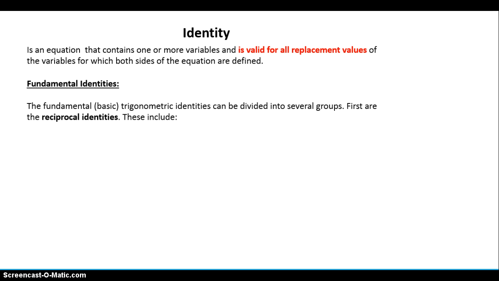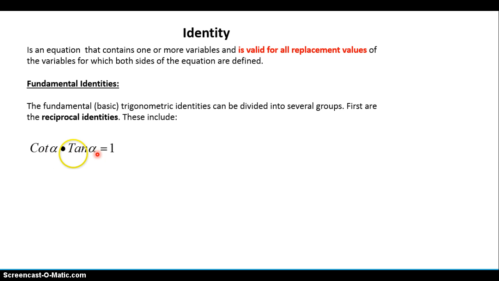The fundamental or basic trigonometric identities can be divided into several groups. First, we'll see the reciprocal identities, and this one includes the cotangent times the reciprocal, that is the tangent, equals 1. This one is an identity because it doesn't matter the value of the angle.